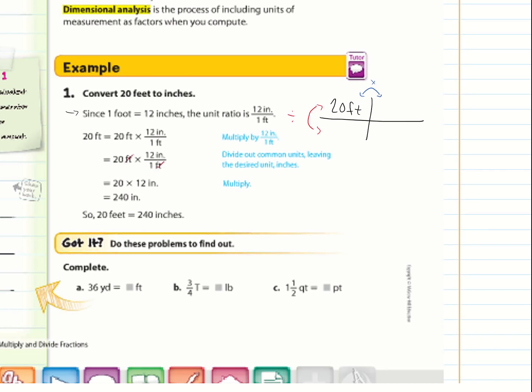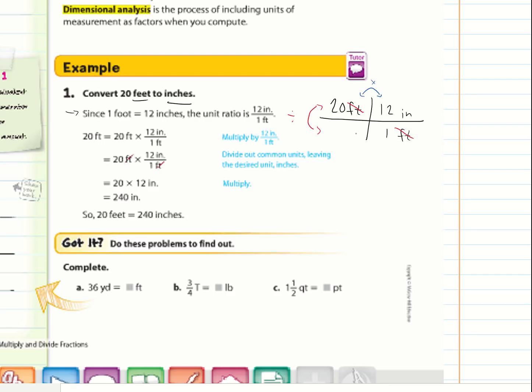So the unit ratio is 12 inches to 1 foot. So we're doing feet to inches. If I want to convert from feet to inches, I'm going to put inches on top and feet on bottom. This is where my ratio is going to go. So this is 12 inches to 1 foot. The reason I want feet on bottom is because since I'm dividing up and down, my feet are going to cancel each other out.